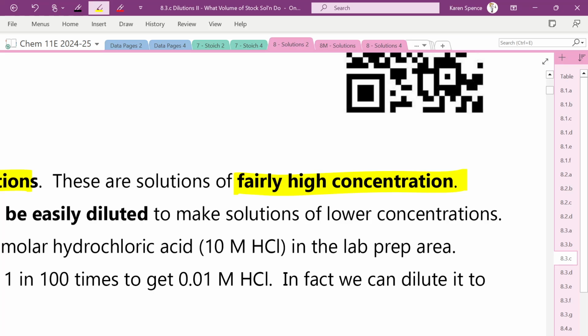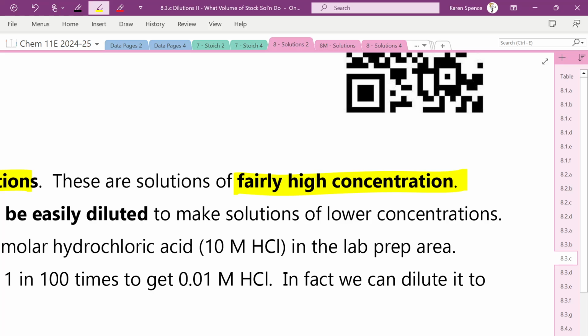So if this was 2 molar, I could dilute it to 1 molar, or 0.2 molar or 0.1 molar, anything that's smaller. And it just makes life a little bit easier than always having to take the solid and measure out the exact amount of the solid and then put it into the volumetric flask and do all the things that we know how to do now.